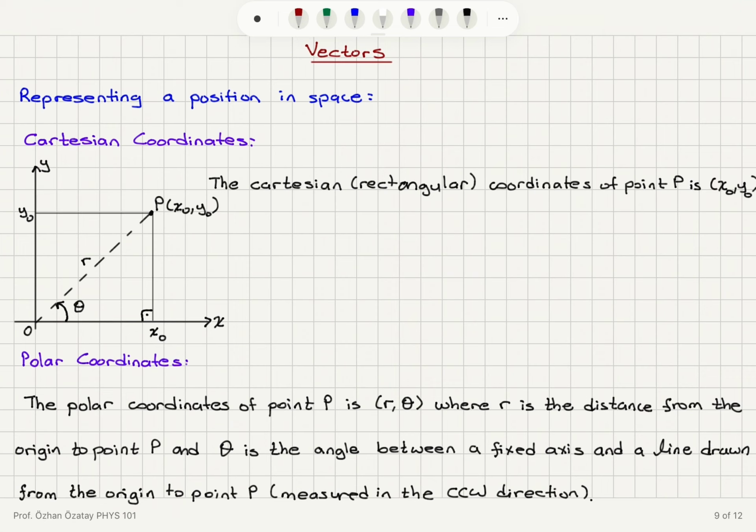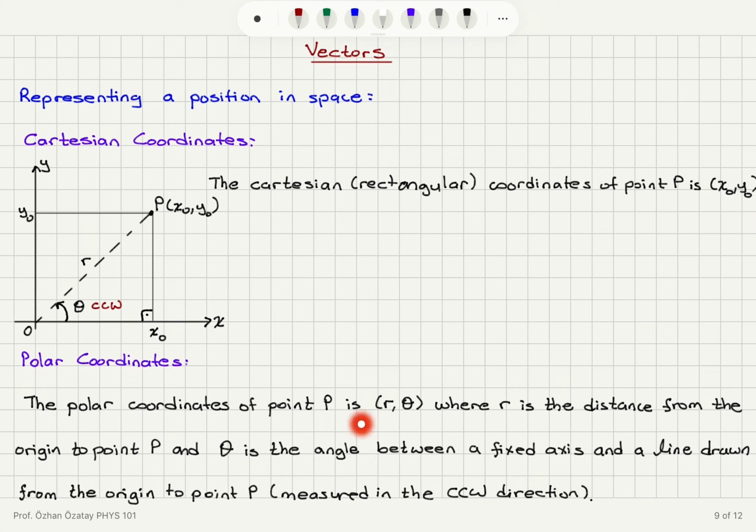Alternatively, we can check the distance from the origin, and let's say that distance is r, and we can check the angle it makes with respect to the x-axis in the counterclockwise direction. And here we are basically using polar coordinates.